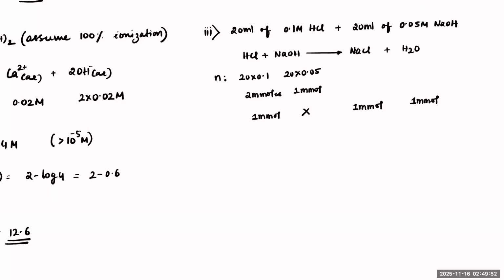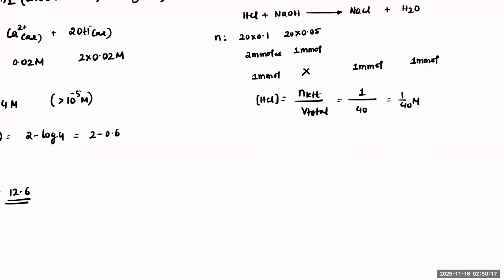What is left over is the one which will contribute to H plus and OH minus, correct? So the HCl concentration will be the number of moles left divided by total volume: 1 millimole divided by the total volume of 40 ml. So it is 1 by 40 molar, and because HCl is a strong acid, the H plus ion concentration is the same, 1 by 40 molar.